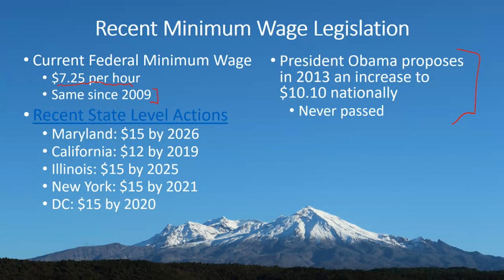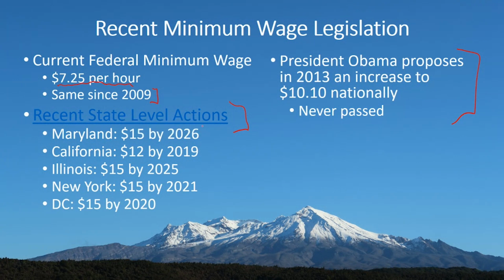Okay, but that's not the end of the story, because states also implement minimum wages at their own state level. And in fact, most states now have minimum wages on their books that are higher than the federal minimum wage. And so the federal minimum wage is effectively defunct. It doesn't matter to those states because the states are raising their minimum wages to other levels.